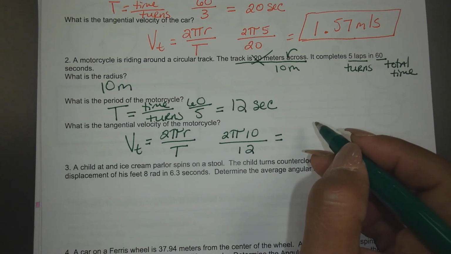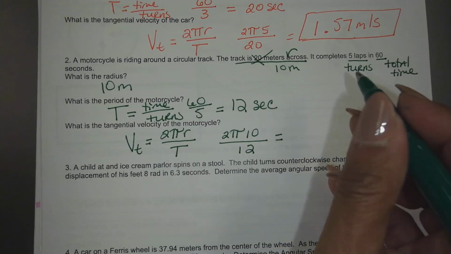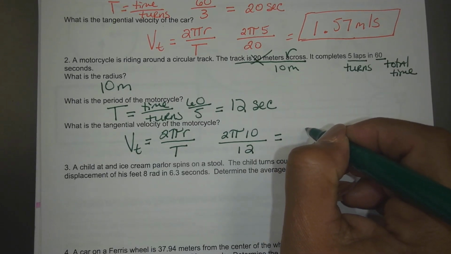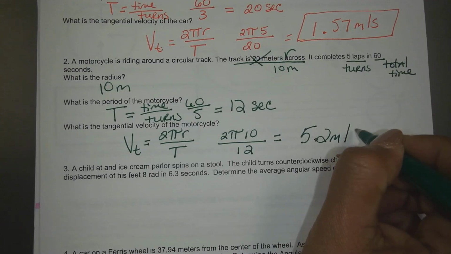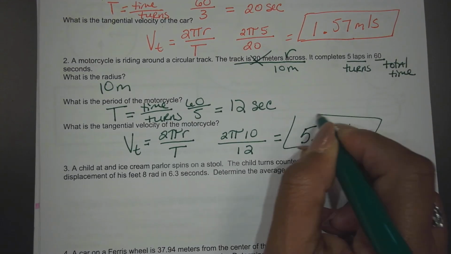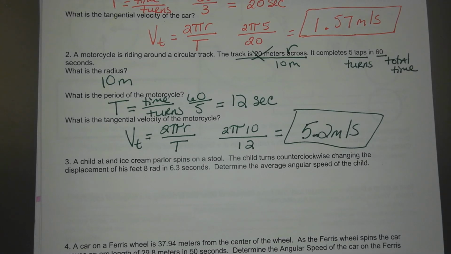For this situation, if this motorcycle was to fly off the track and hit somebody on the side, it would fly off at 5.2 meters per second. It actually is moving faster than the car. Almost 5 times faster. All right, we're going to practice 2 more practice problems and then we'll turn the page.